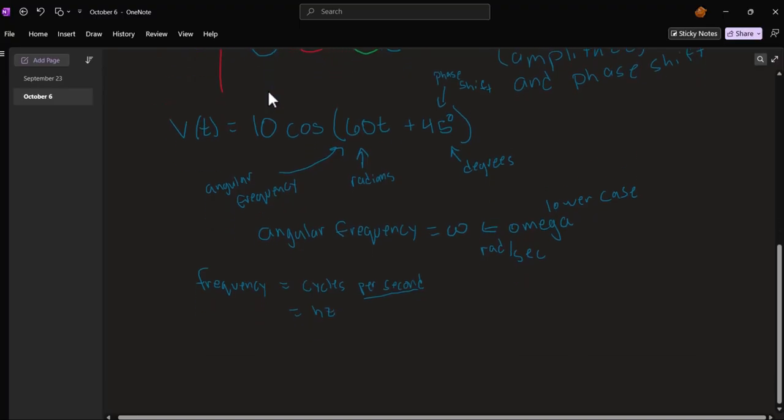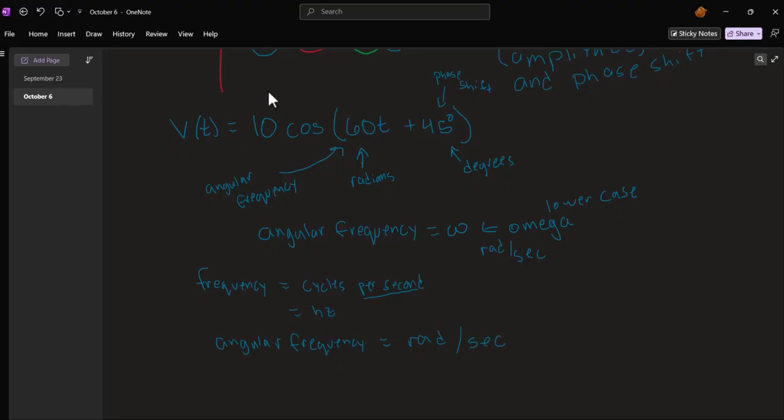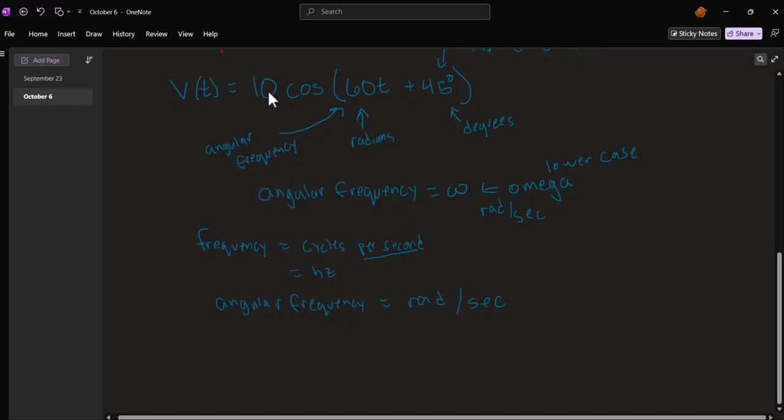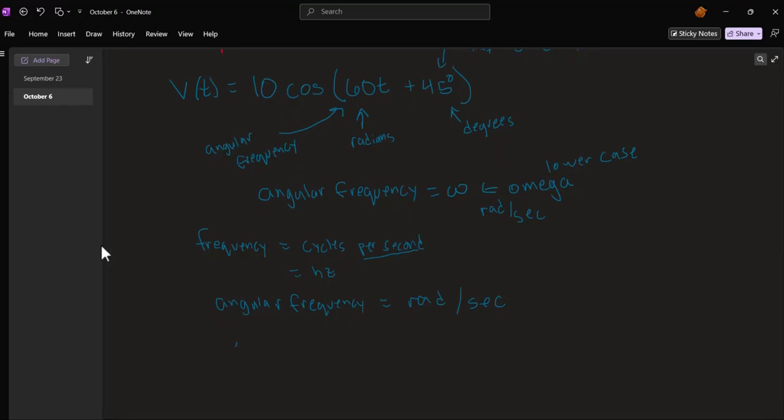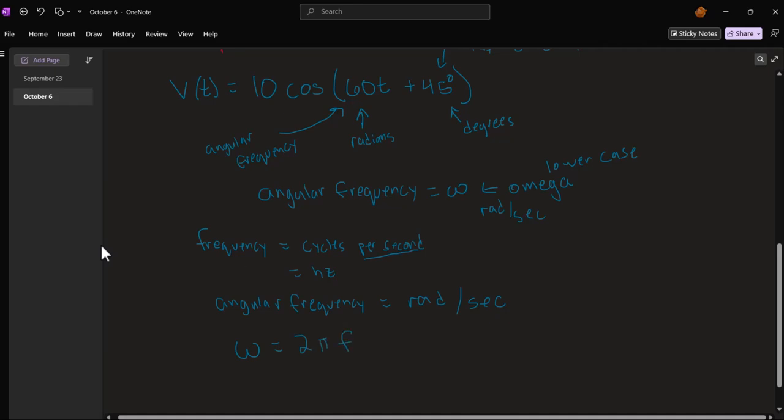But an angular frequency is radians per second, and we know that there are 2 pi radians in a cycle. So angular frequency is equal to 2 pi f.